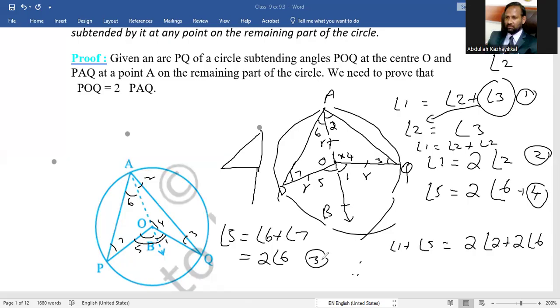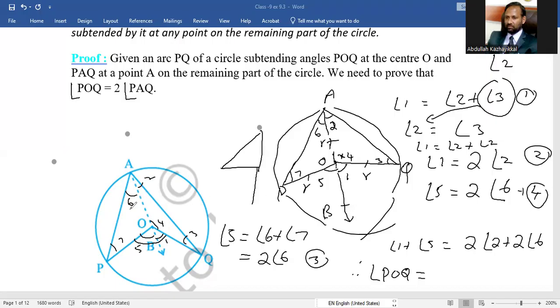We need to prove that angle POQ is equal to 2 times angle PAQ. You have to write angle PAQ. Dear children, please tell me, you have to tell, I am talking. Angle POQ is equal to 2 times PAQ.